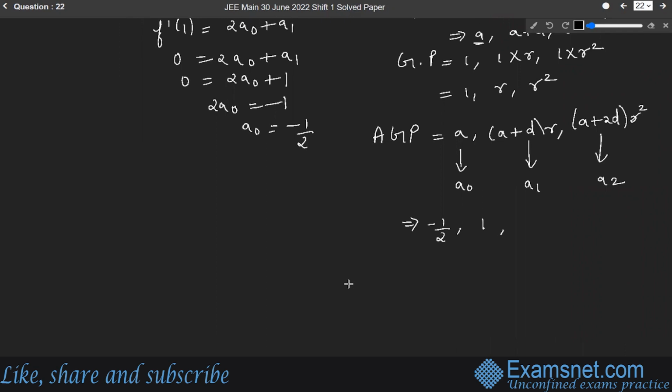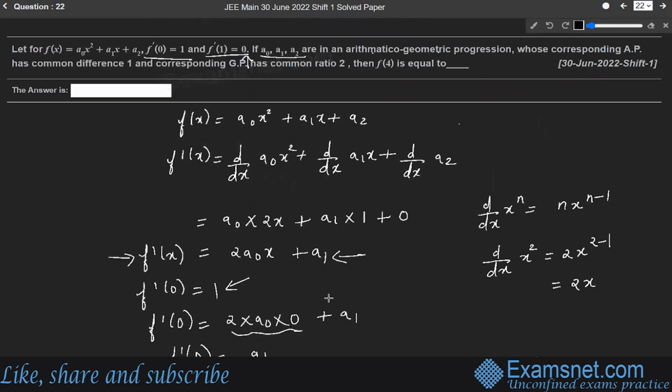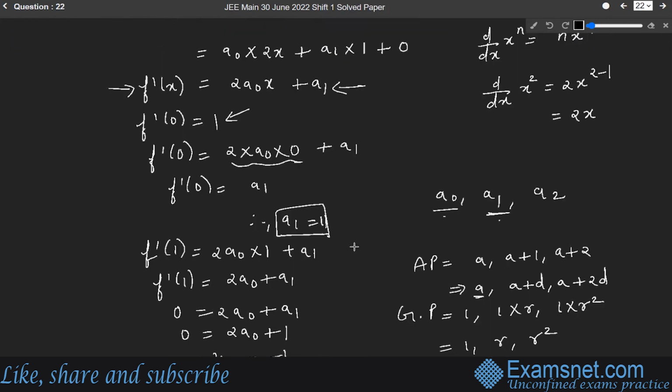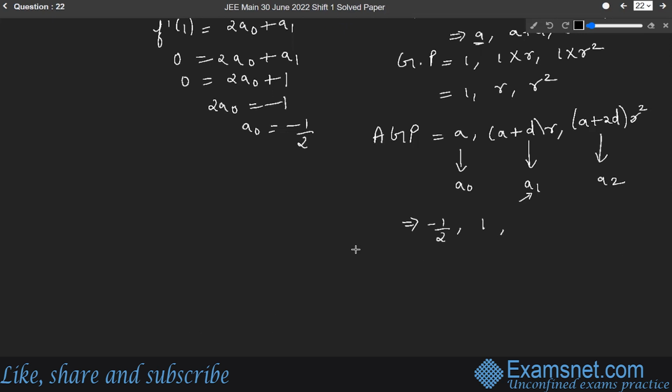But before that, let us check how a is equal to a0. We know that a0 is the first term, so it is minus 1 by 2. We have already calculated the value. Now we can check it for a1. In the question, it is given that the common difference is 1 and the common ratio is 2. Means the value of d is 1 and the value of r is 2. What is r? The common ratio. And what is d? The common difference. So we can substitute the values of d and r here.